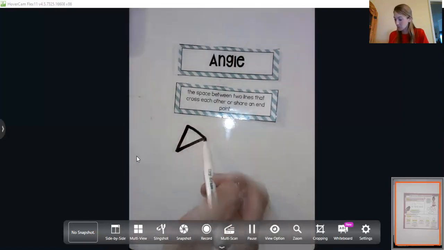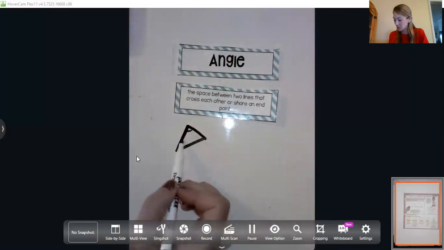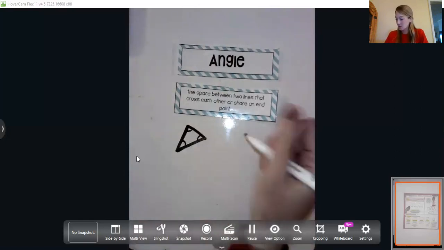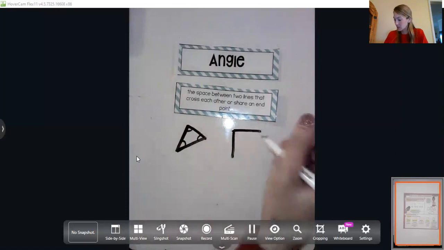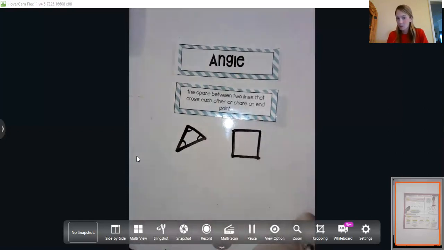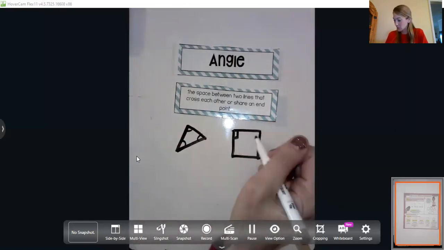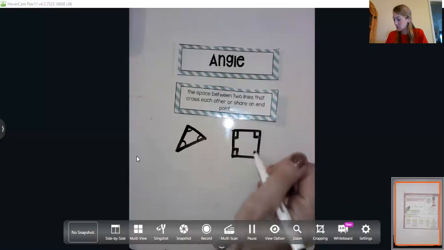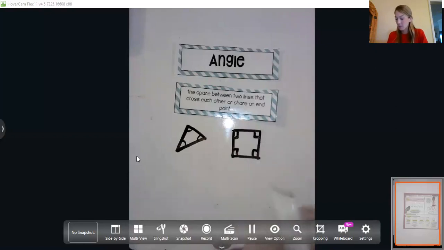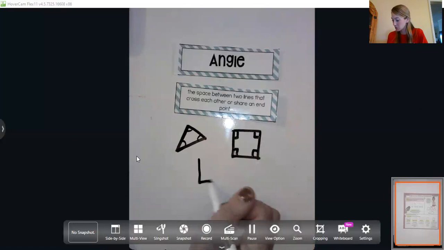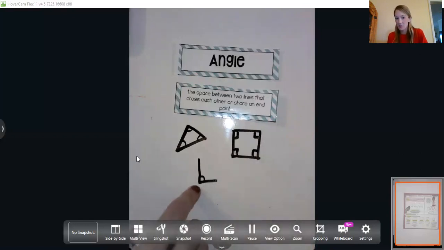A triangle has 3 angles, 1, 2, 3. We're going to talk about squares in a minute. A square has 4 angles, 1, 2, 3, 4. So when we're talking about angles, we're talking about 2 lines coming together to make an angle.